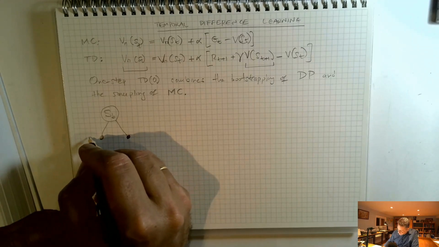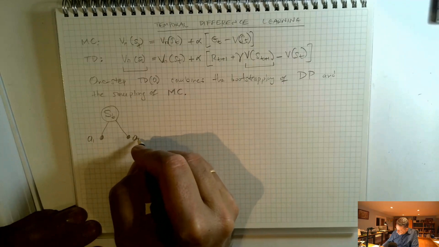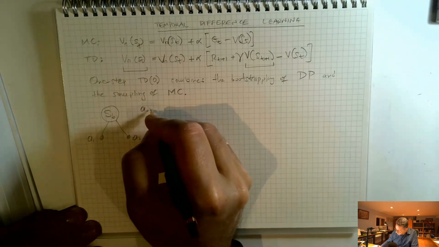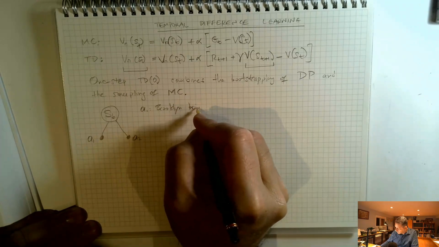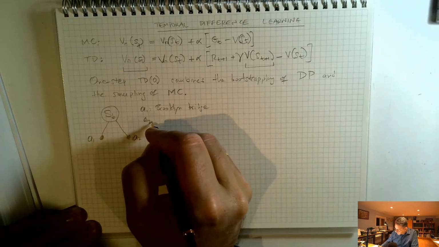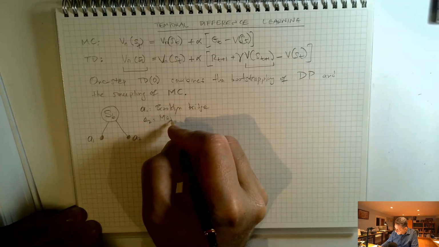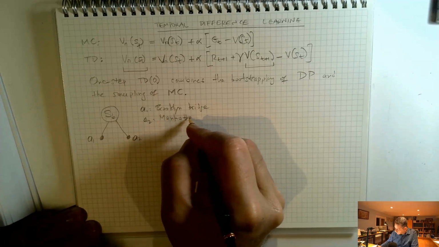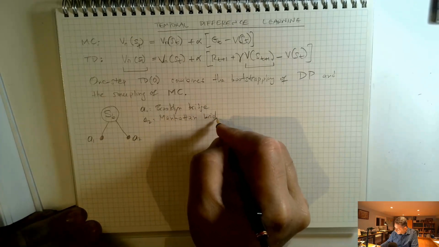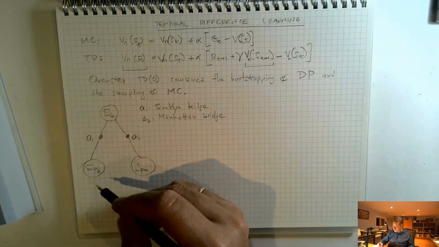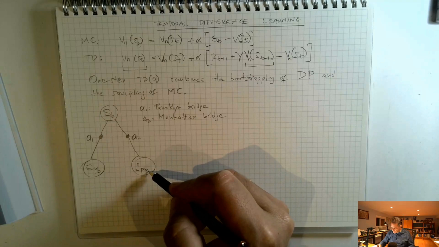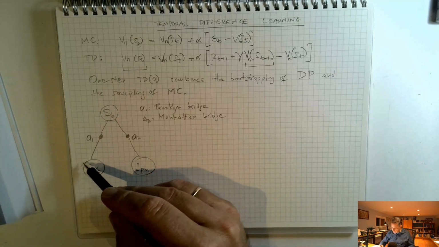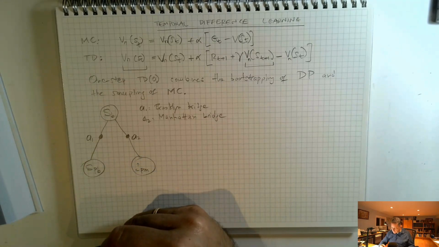So that's my A1 and A2, and A2 is Manhattan. Let's also define two other states, the past Brooklyn and the past Manhattan Bridge states that I end up in after I have crossed those two bridges.